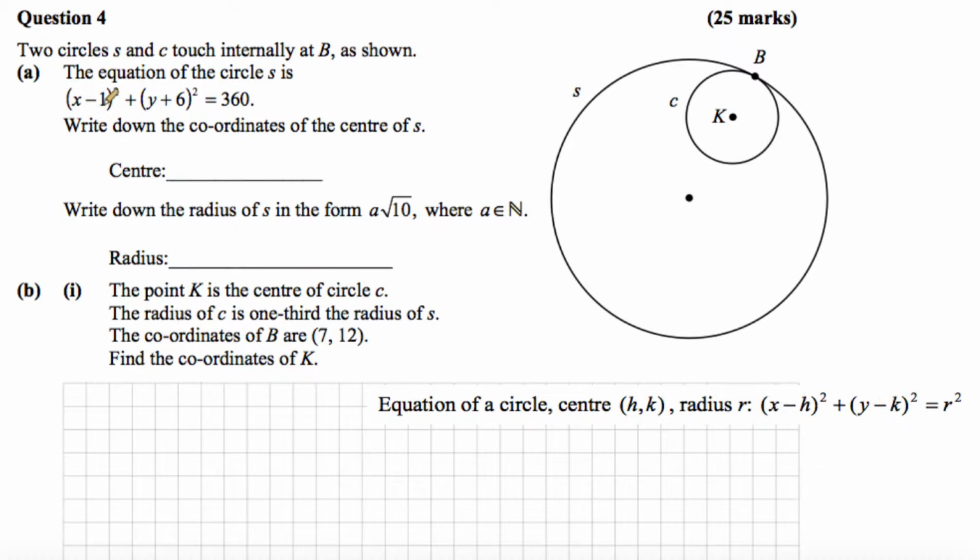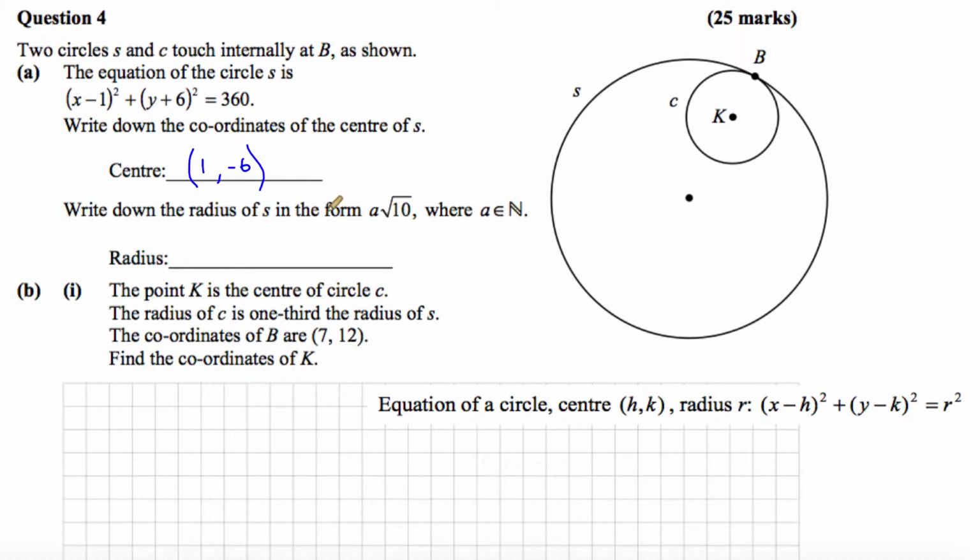In the first one there is a negative sign, so the center is (h, k), with 1 for h, and the k value will be negative 6, because there's a positive here and it should be a negative. That's the center of the circle.